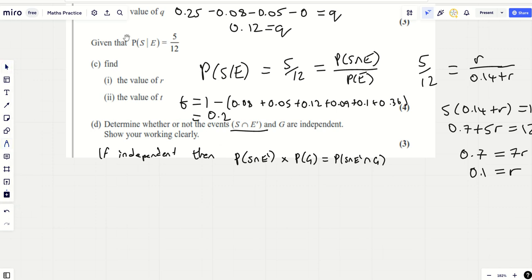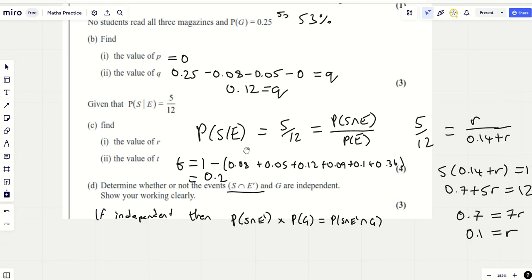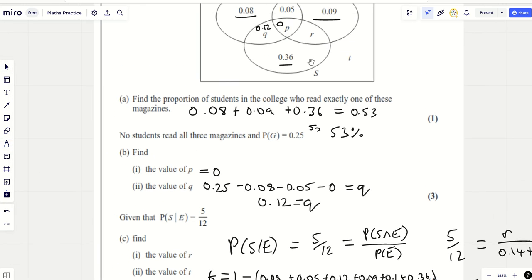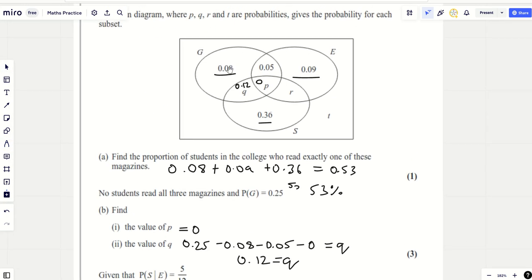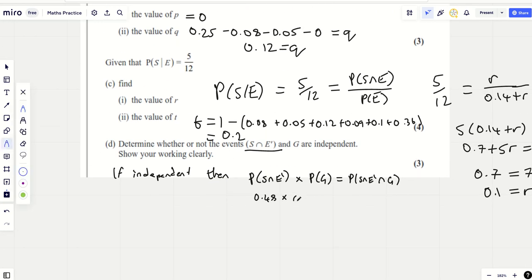So let's just have a look at this from the diagram. S and not E. What is S and not E? It's going to be these two figures here. They're in the S section and not in the E section, so it's going to be 0.48. The G is going to be all of this, so that's 0.25. Let's just do this in bits. Left-hand side is going to be equal to 0.12.